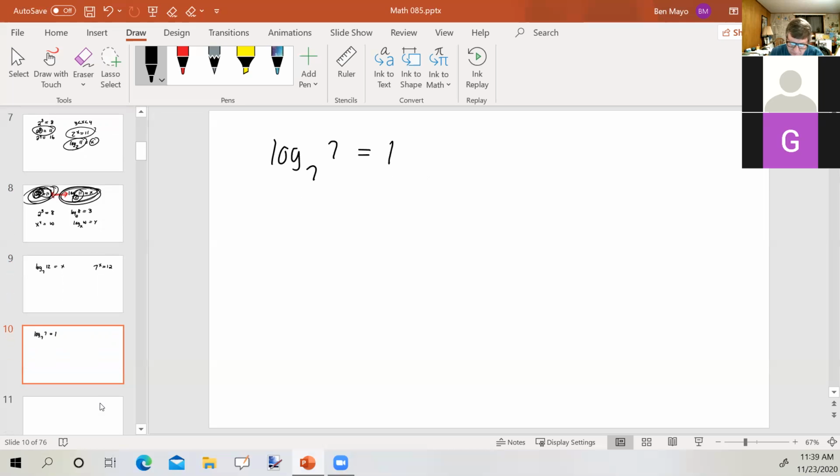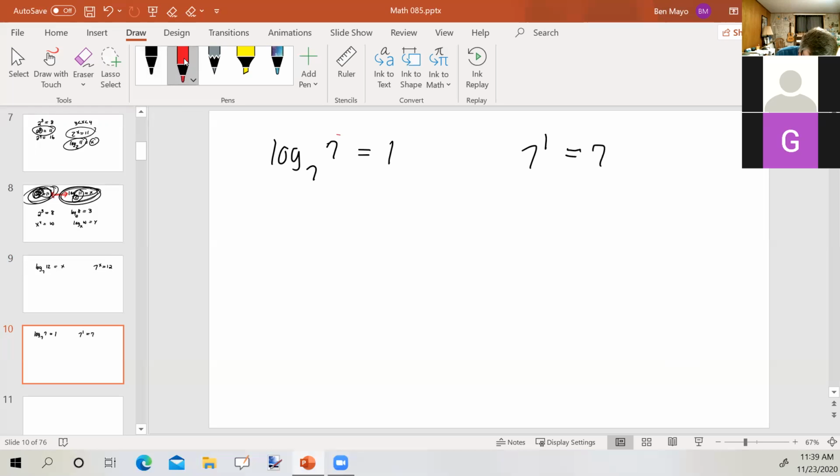Do not solve. This one, there's nothing to solve anyway. But so what's the base? 7. So this would be 7 to the 7th power? No. 7 to the 1 or first power equals 7, right?